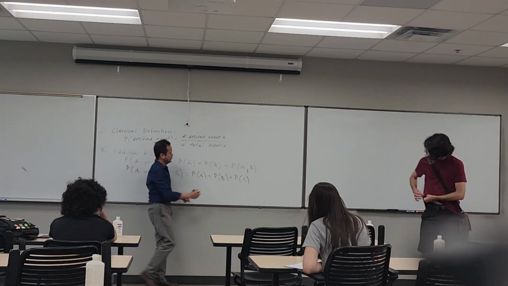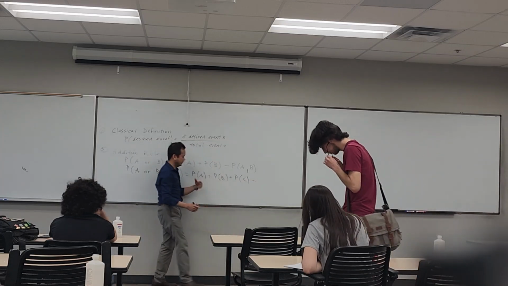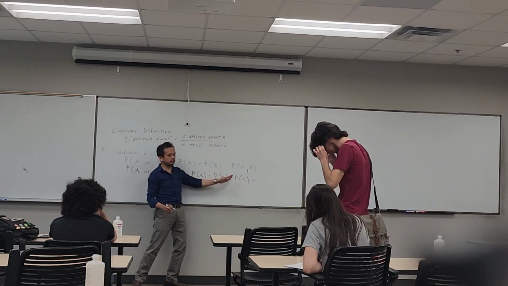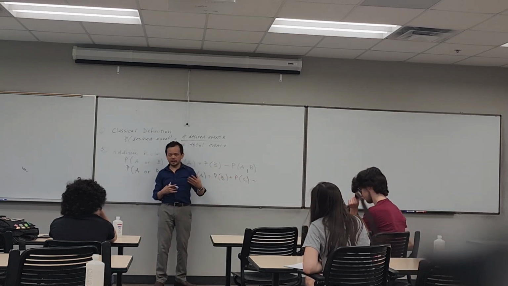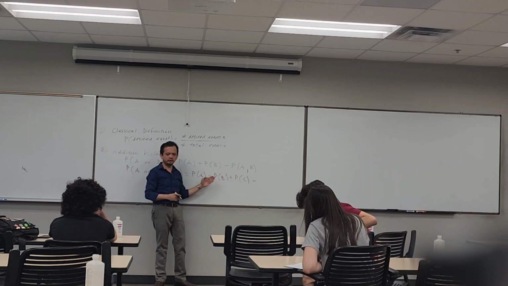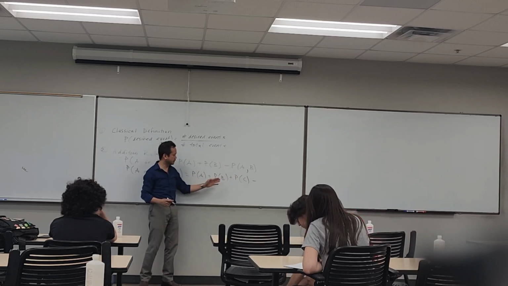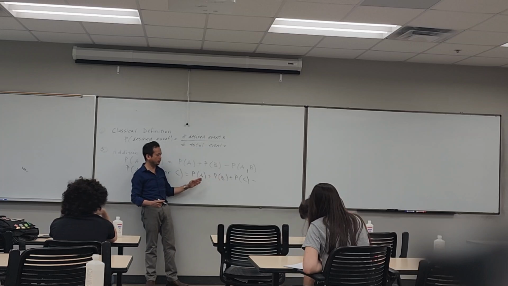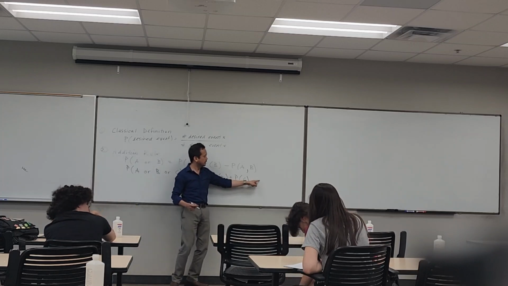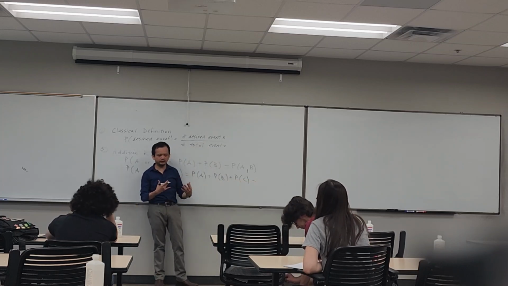Sorry. So the addition rule then says that you can add up the probabilities of each of the individual events, but remove any overlap. So remember when we first started talking about this, we said that we wanted to add up all the probabilities once and made sure we added them all just once. So we have to remove the probability of any overlap between events.